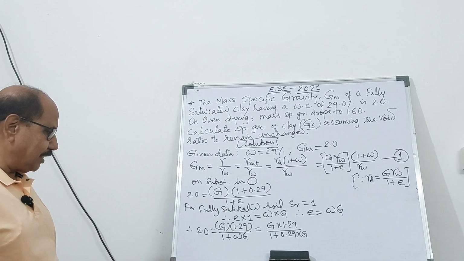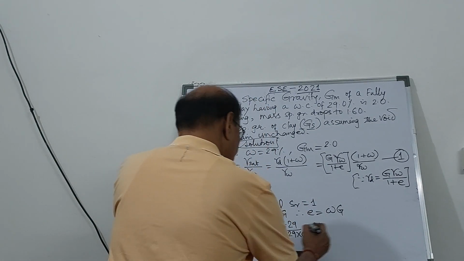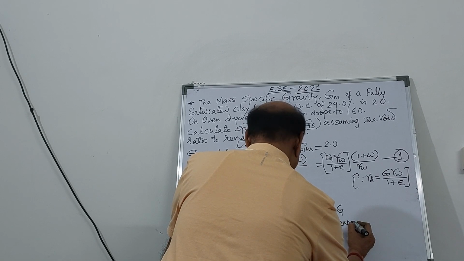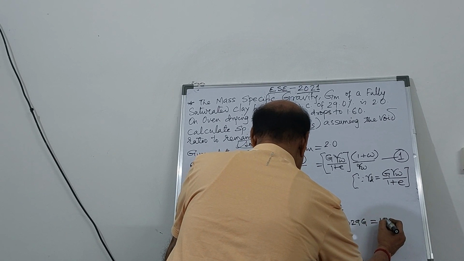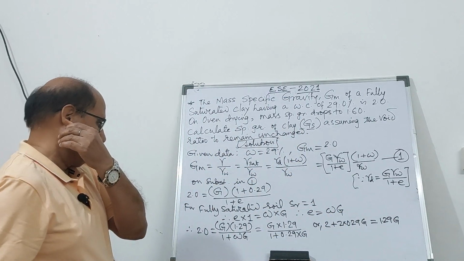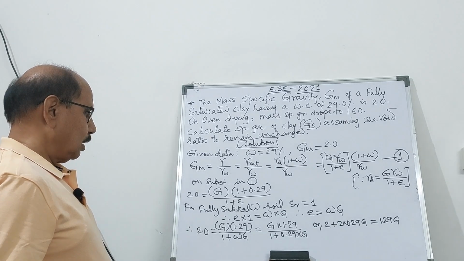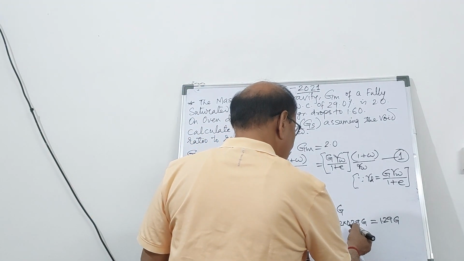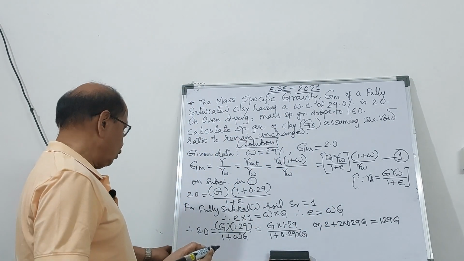What is unknown is G. If you simplify, 2 plus 2 times 0.29 G equals 1.29 G. On simplification I am going to get this value, so now you can calculate it and find it out.